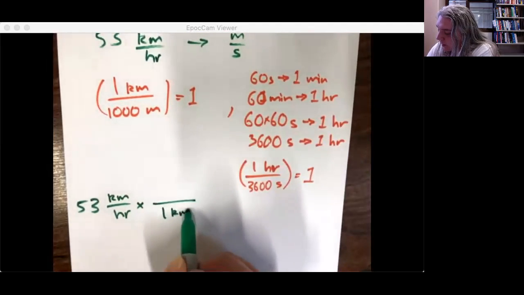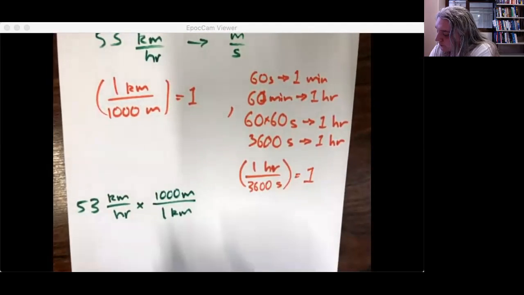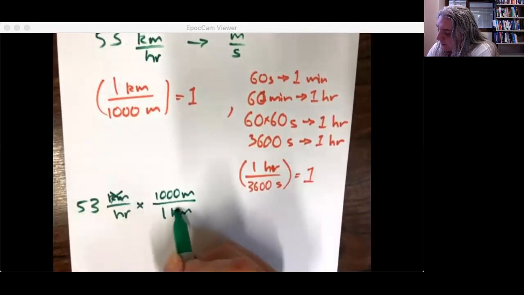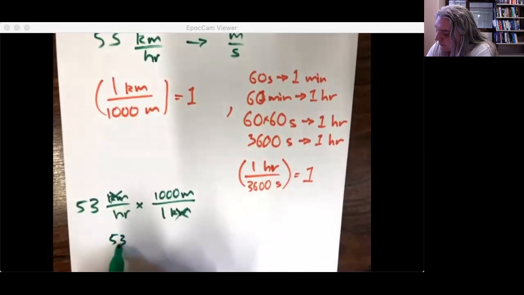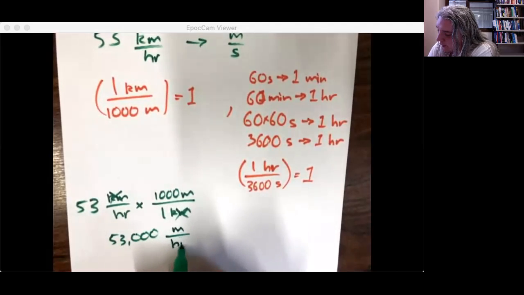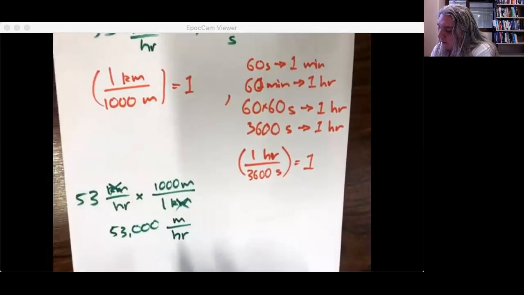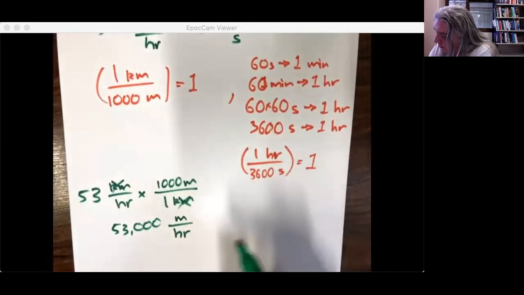So we're going to need 1 kilometer on the bottom and 1,000 meters on the top. Now we can cancel those kilometers. What we're left with is 53 times 1,000, so 53,000 meters per hour. So that's our value now after just doing that 1 conversion from kilometers into meters.